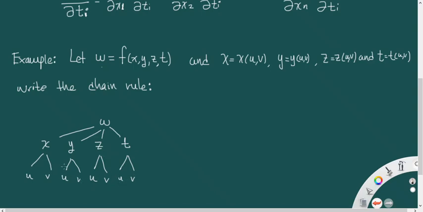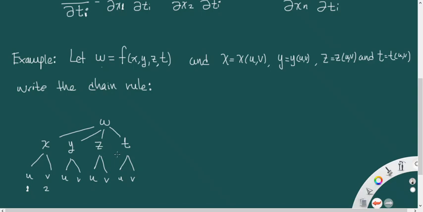Now with this tree, it's easier to write the relationship. In this, we can break this into chains. Why? Because we have these two variables, u and v, at the bottom. So this goes all the way down in two parts.